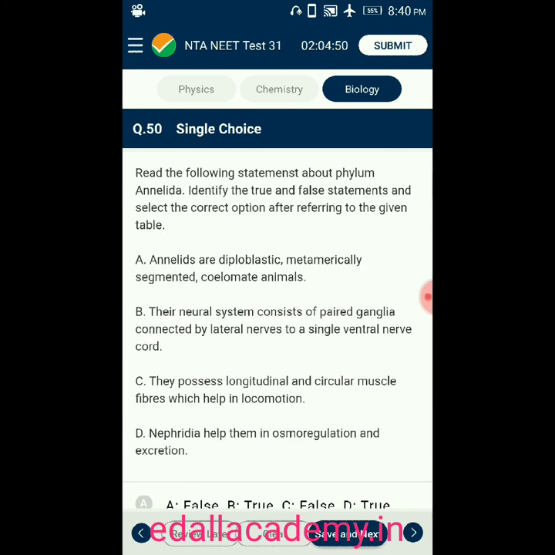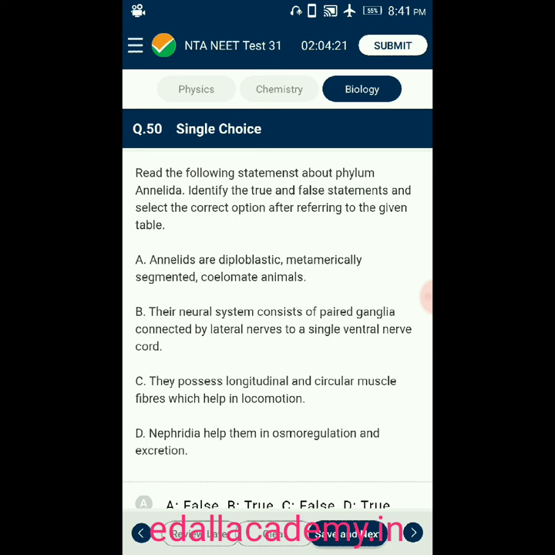Question number 50. Read the following statements about Phylum Annelida. Identify the true and false statements and select the correct option after referring to the given table. Annelids are triploblastic, metamerically segmented and coelomate animals. Their neural system consists of paired ganglia connected by lateral nerves to a double ventral nerve cord.